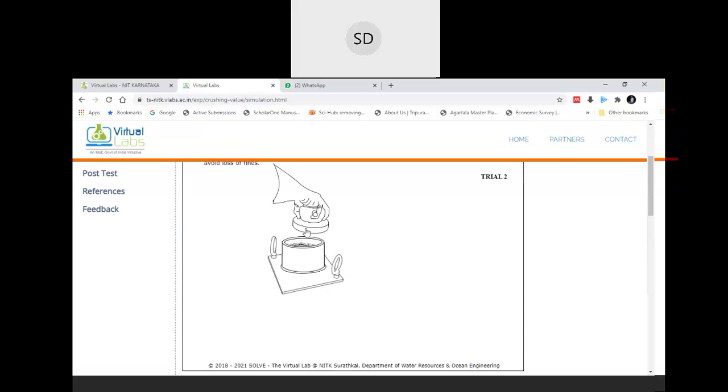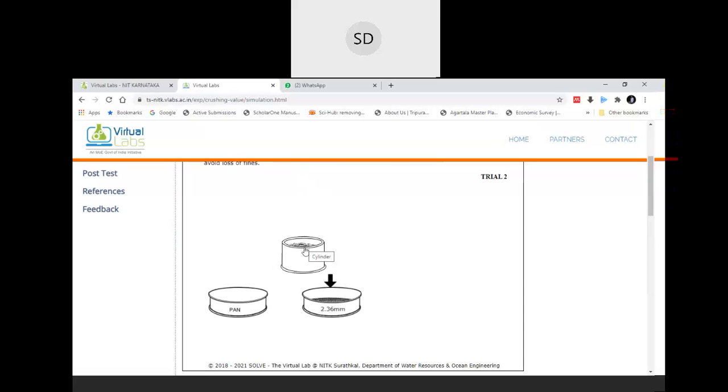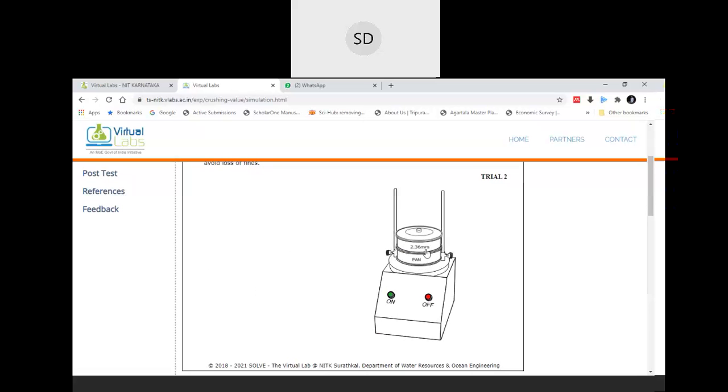That is your plunger. Remove this plunger and sieve through 2.36 mm IS sieve. Close the lid. Place this in a vibrator.